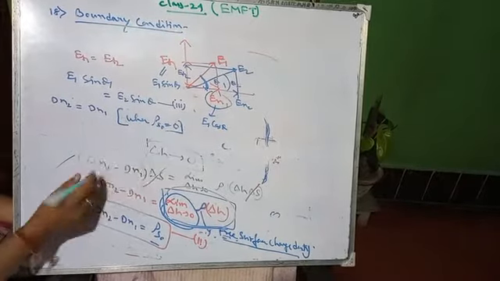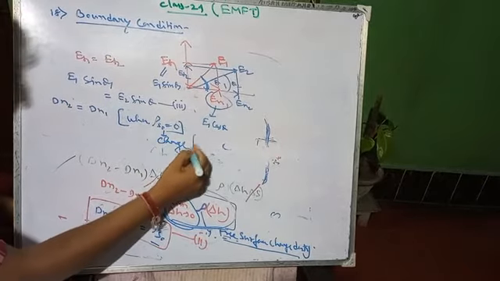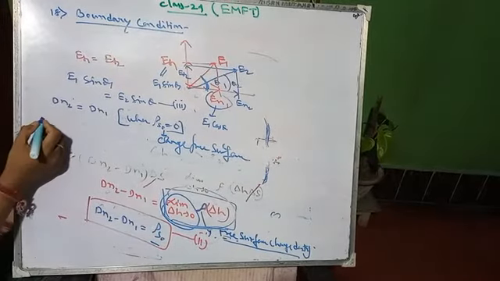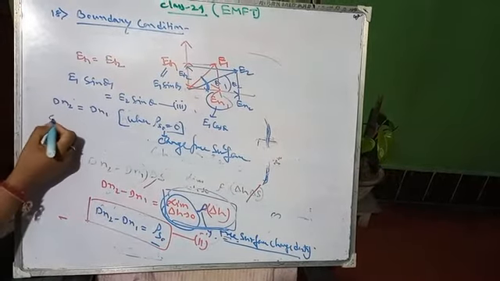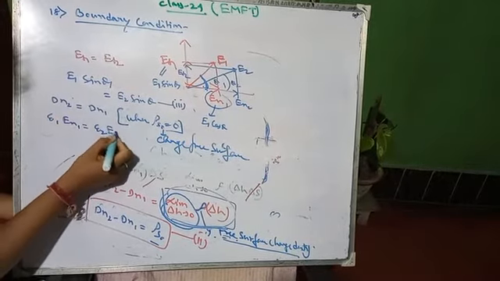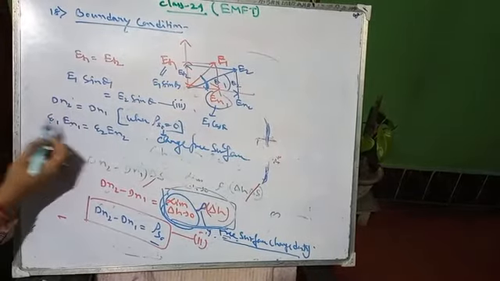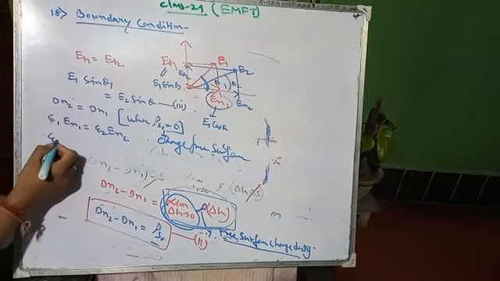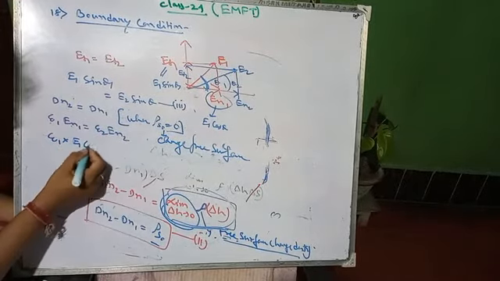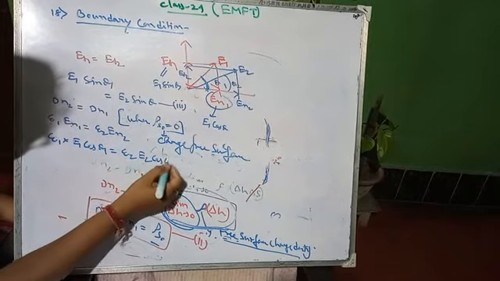If we consider a charge free surface, then similarly epsilon 1 En1 equals epsilon 2 En2, because we know the flux density equals permittivity times intensity. Again En1 is E1 cos theta 1, and it becomes epsilon 2 into E2 cos theta 2.